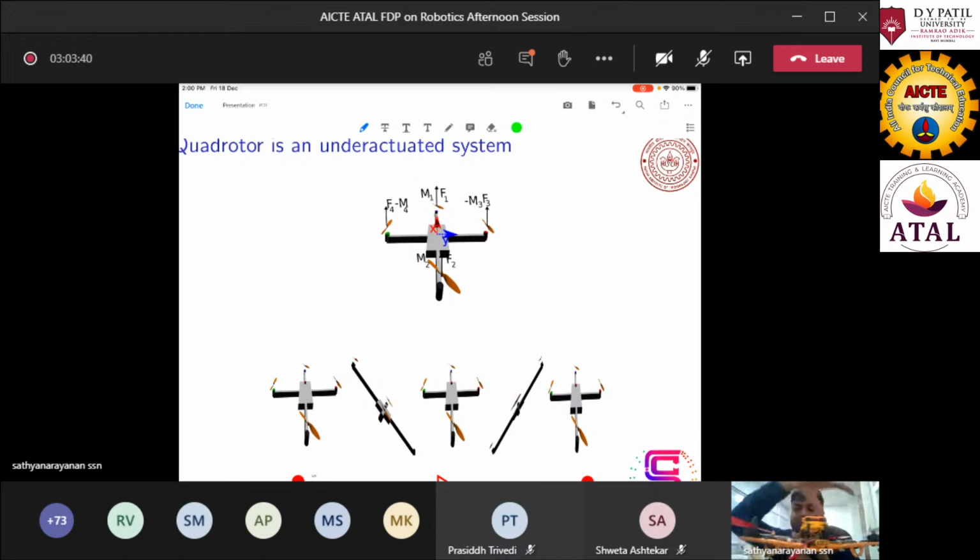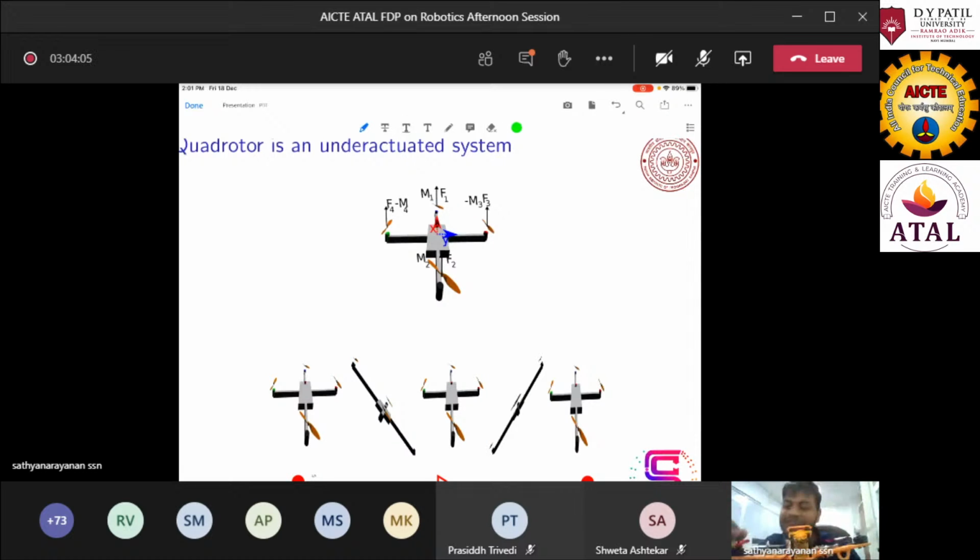All four will be acting upward, and the drag will create a moment which is also along z. We call it a drag moment or drag torque. So when the rotor rotates, we generally say that it generates a thrust force and a drag moment.